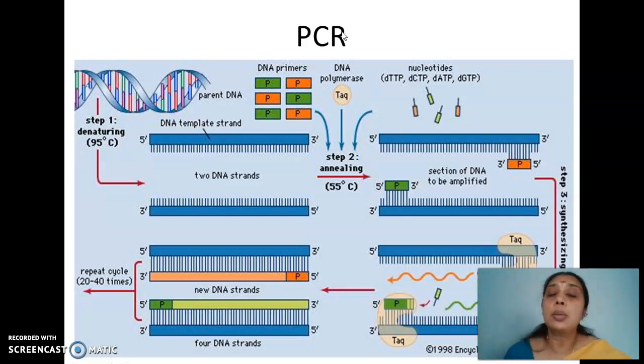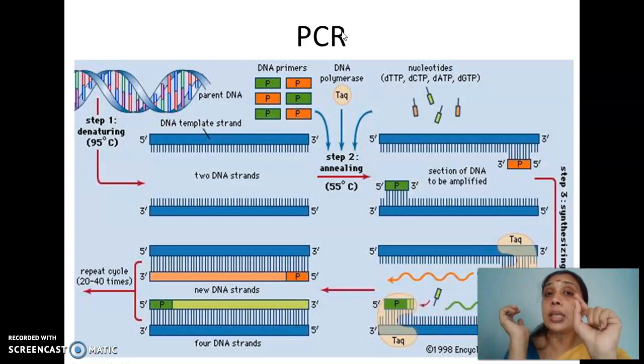So what is being done in PCR? PCR is a very useful tool which has overcome all the drawbacks of the earlier techniques. One of the most important advantages is that it requires only a small span of time, and you can have numerous copies of the gene of interest.